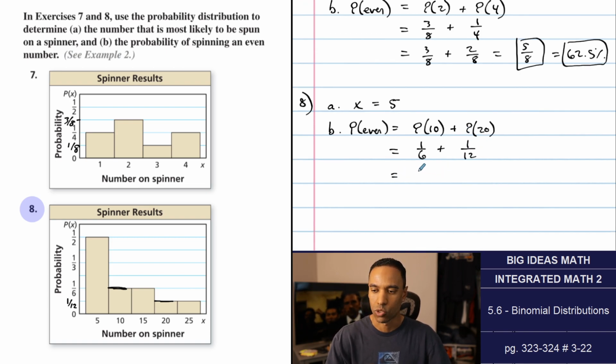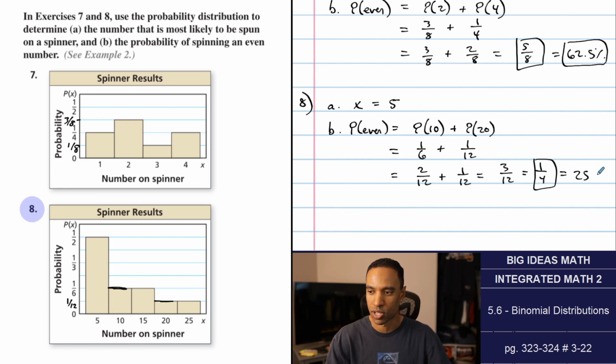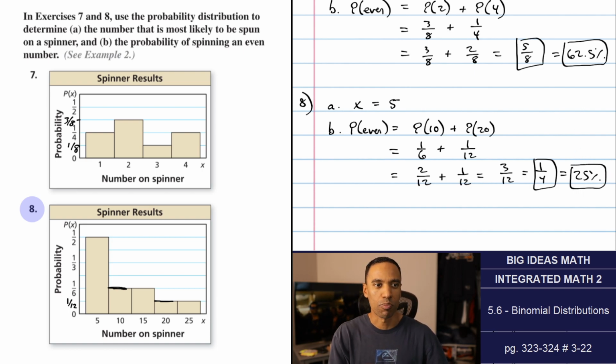So that's 2/12 plus 1/12, which is 3/12 or 1/4. And 1/4, as we know, is 25%. So I hope that just me writing X equals for the other thing is going to be valid enough for what it is that we're actually doing on those situations. But yeah, I feel good on those ones. So X equals 5 and as we move forward.